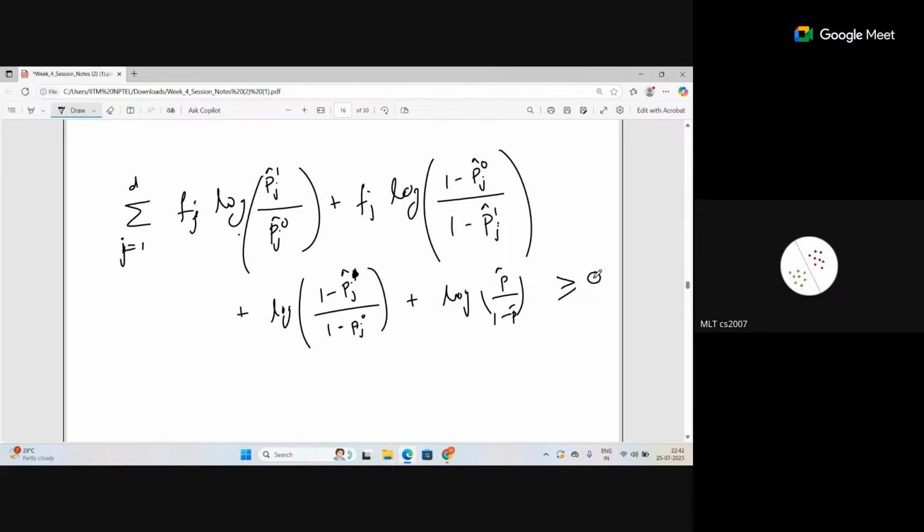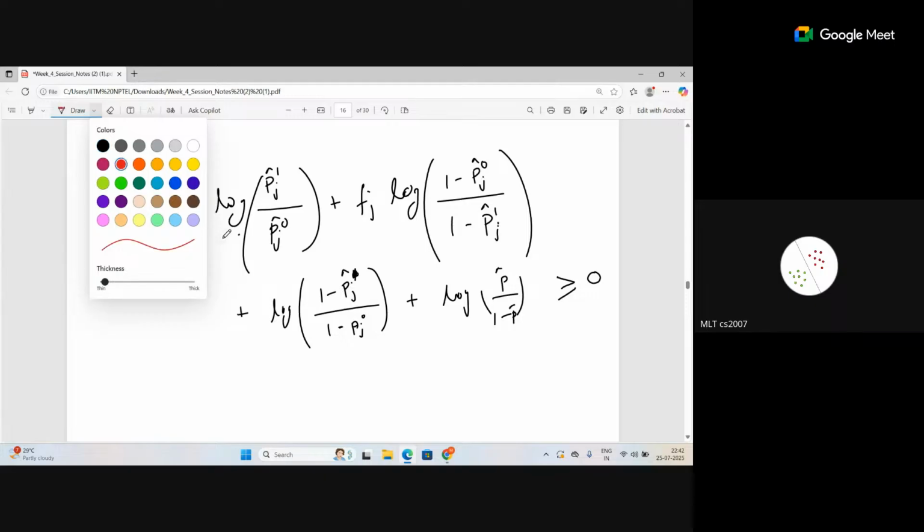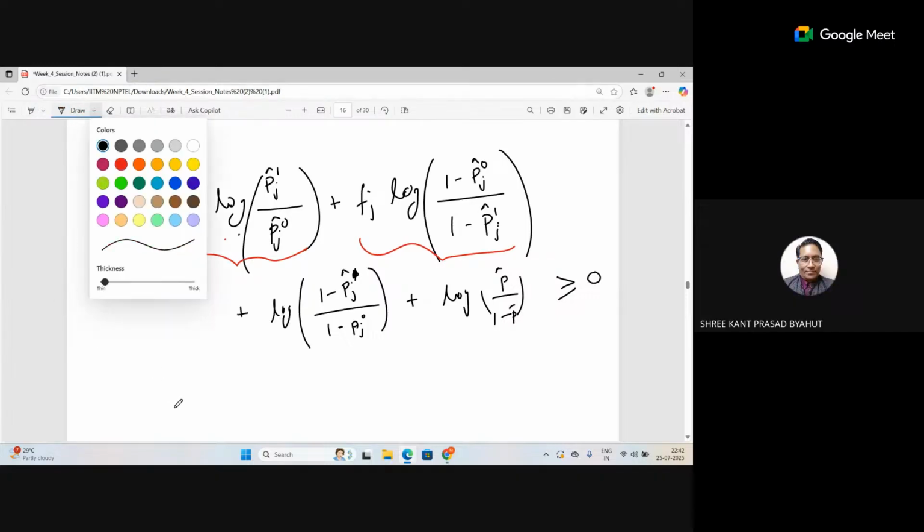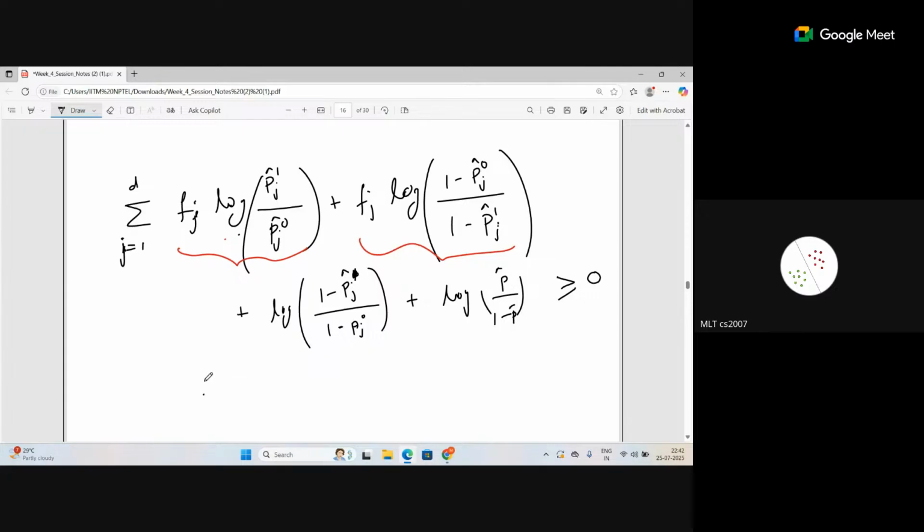So what do you say about these first two terms? This term and this term. Can I take fj common? Yes, fj common you can take, and log plus log will be a product.